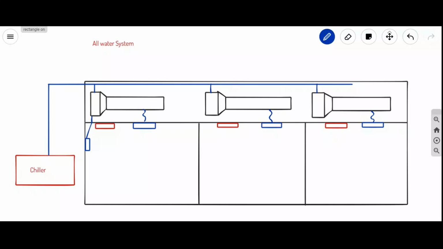Here the same air is circulating, so you need to supply fresh air. If this room has a balcony, then for the doors we have a grill.